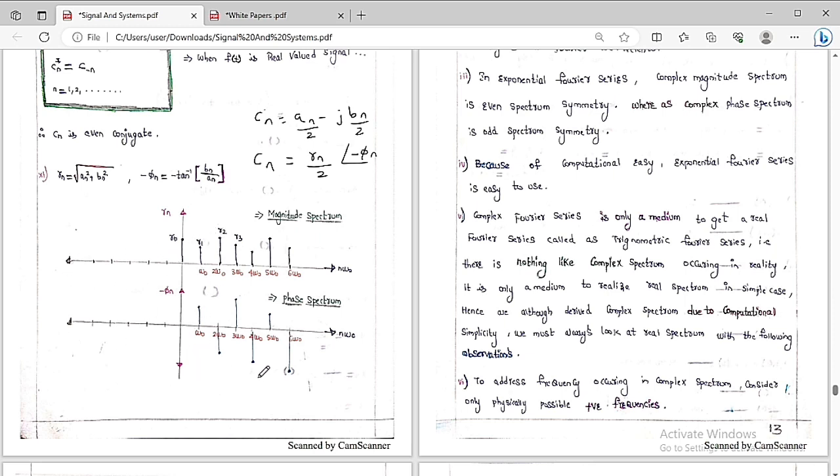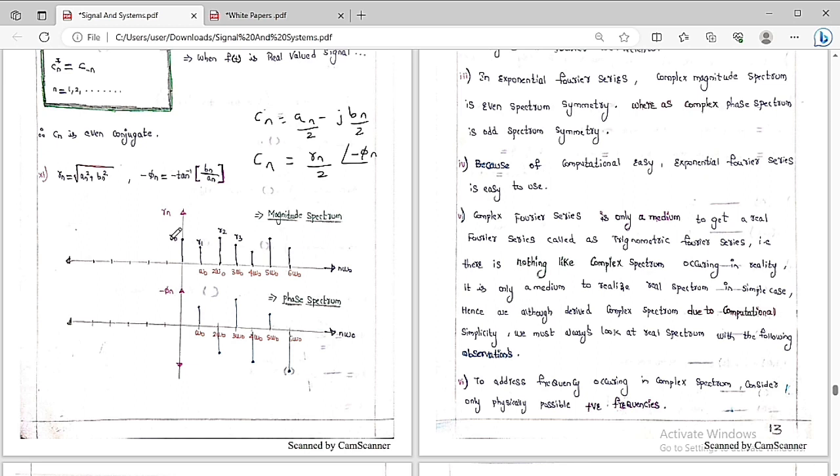There are only positive frequencies. So always make your observation only in the positive frequencies, in the magnitude spectrum and the phase spectrum, and not in the negative frequencies.